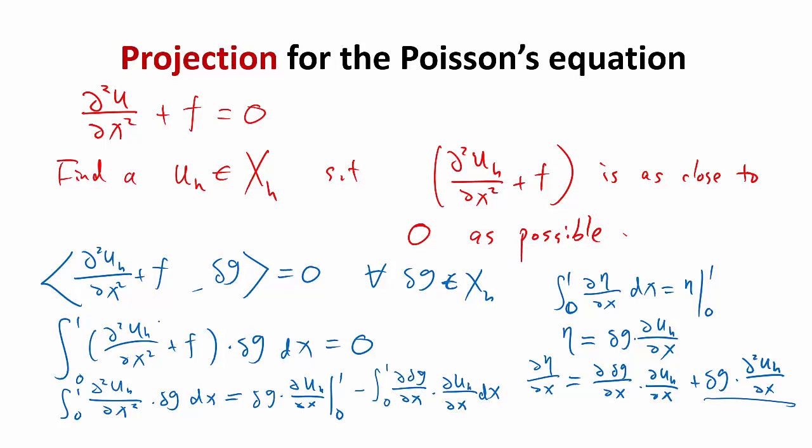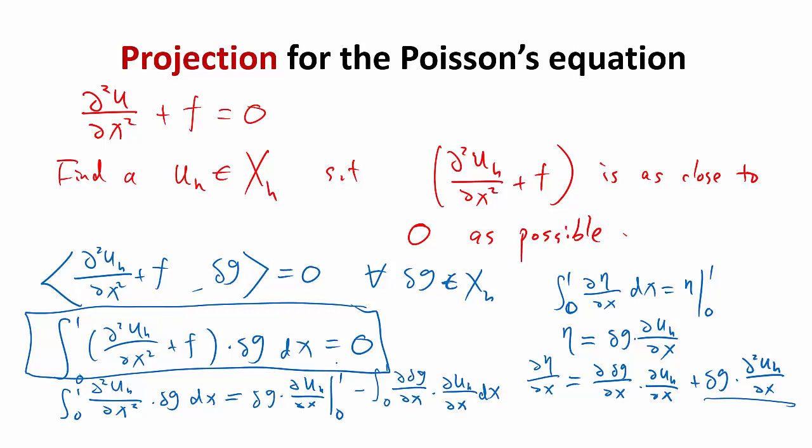If you look at this equation, or the equation after the integration by parts, whichever way it doesn't matter, this equation has to be true for any delta G within XH, right? This equation is not just one equation, it's a set of infinite number of equations.